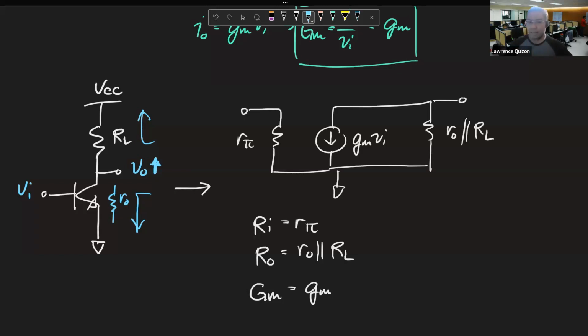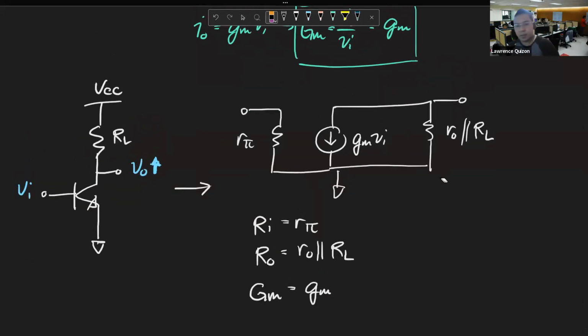On the downward path, it sees R out. On the upward path, it sees RL. So it's R out parallel RL that V out is seeing from its node, because when you increase it, current increases in both directions. As far as V out is concerned, it sees RL and R out. That's why it's R out parallel RL. All right?